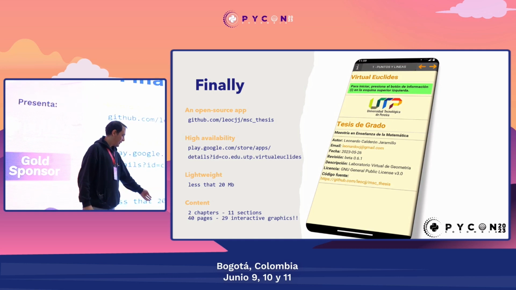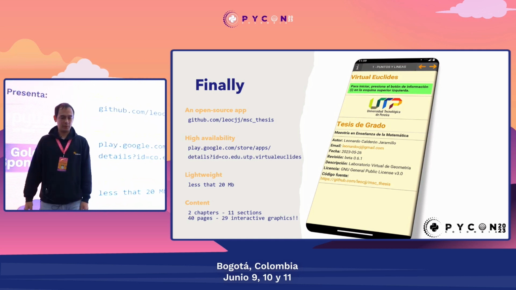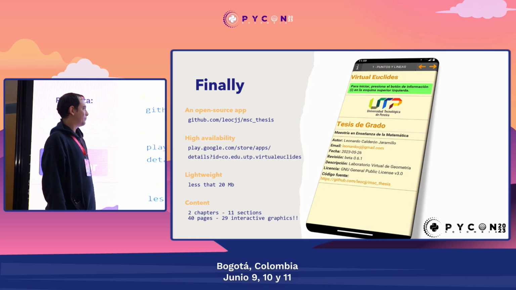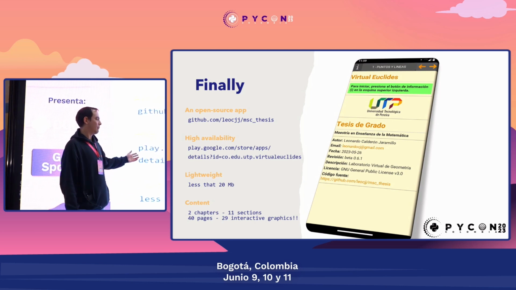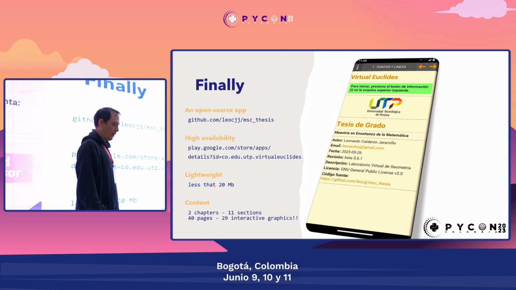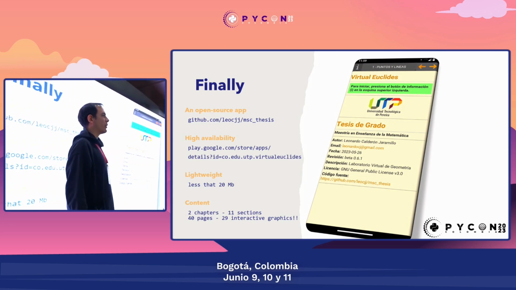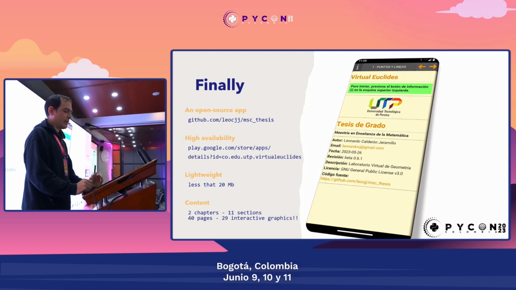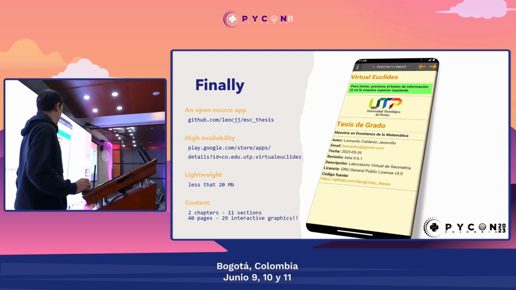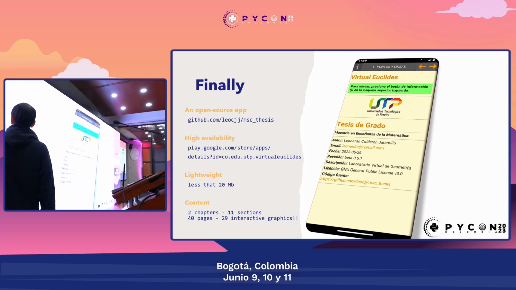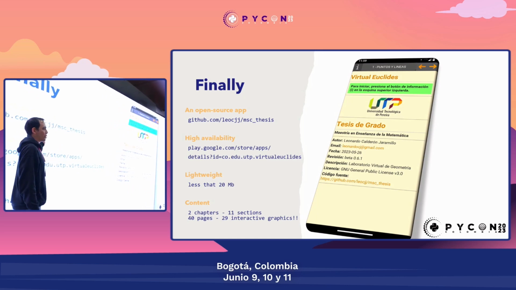Just less than 20 megabytes. It's really lightweight and highly available. So almost all the students in a classroom can download this with the Wi-Fi of the university or with their own data. And it's an open source project.